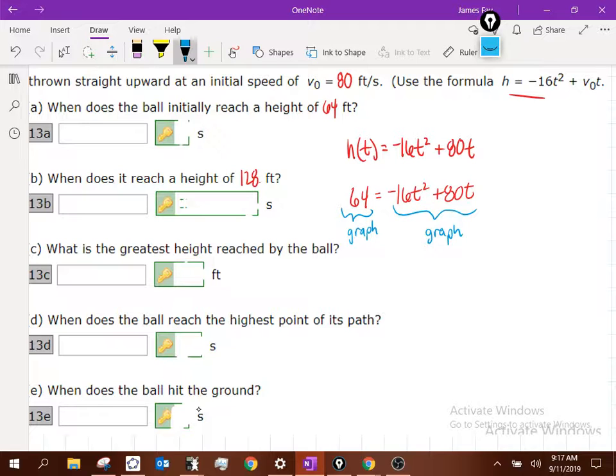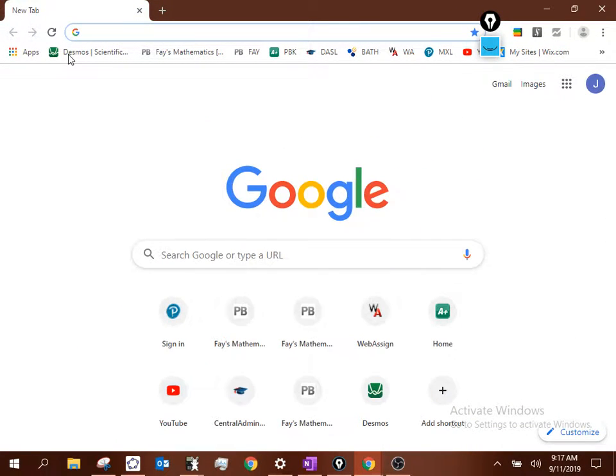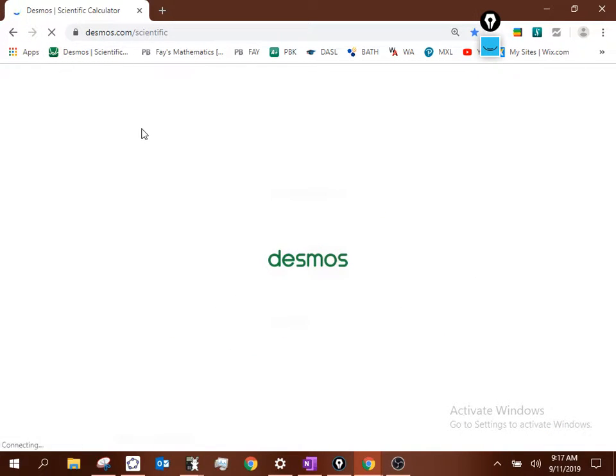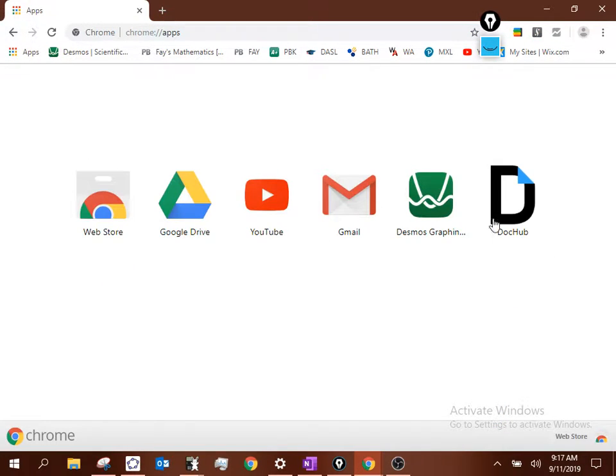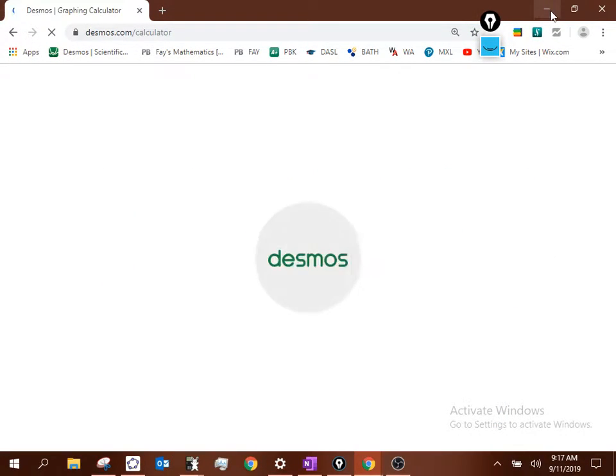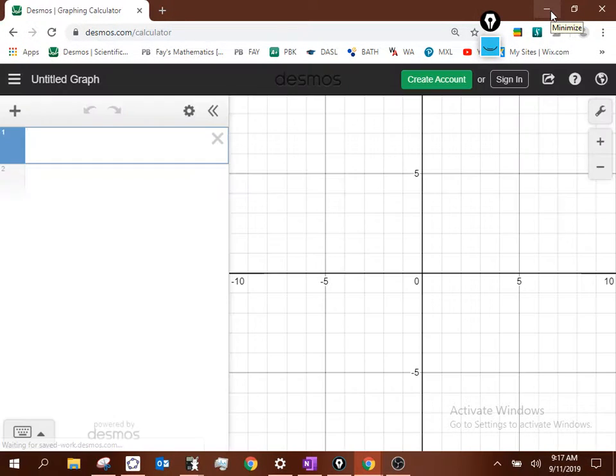Now we've got a couple options. I think last class I used GeoGebra. Let's use Desmos. I'll show you how you can use your TI-84 as well.